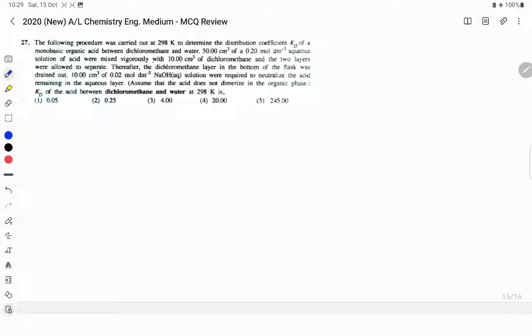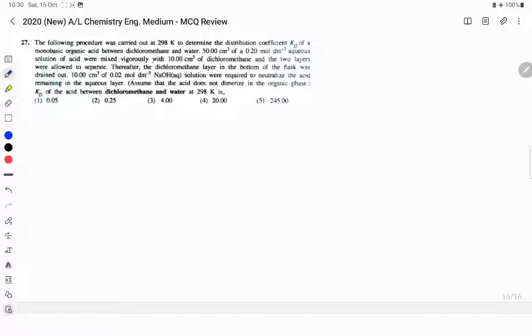Thereafter, the dichloromethane layer in the bottom of the flask was drained out. 10 cm³ of 0.02 M NaOH solution were required to neutralize the acid remaining in the aqueous layer. Assume that the acid does not dimerize in the organic phase. Kd of the acid between dichloromethane and water at 298 Kelvin is.